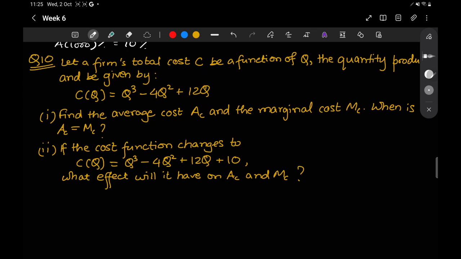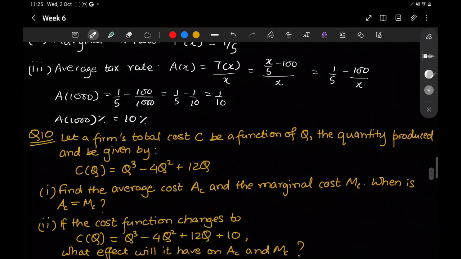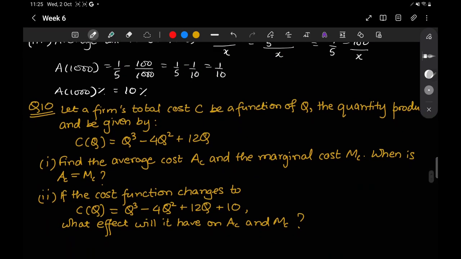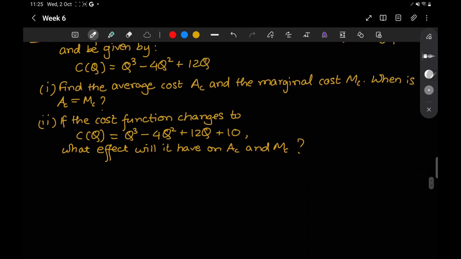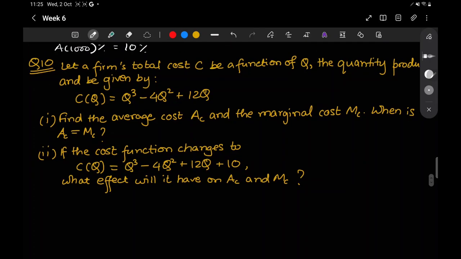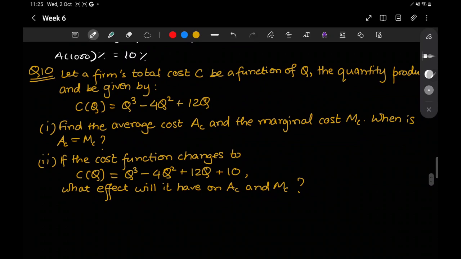Let a firm's total cost C be a function of Q, the quantity produced, and it is given by the following expression. C of Q is Q cubed minus 4Q squared plus 12Q. And there are two parts to this question. We need to find part 1, the average cost and the marginal cost, and we need to see when the average cost equals the marginal cost.